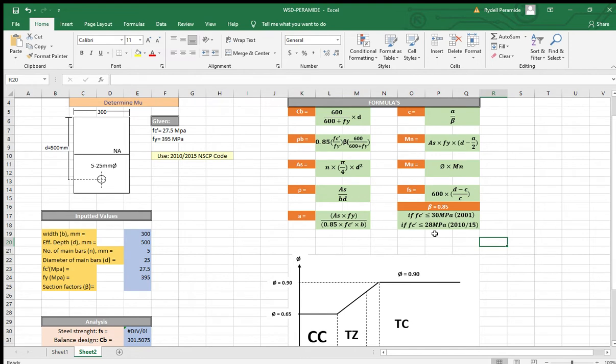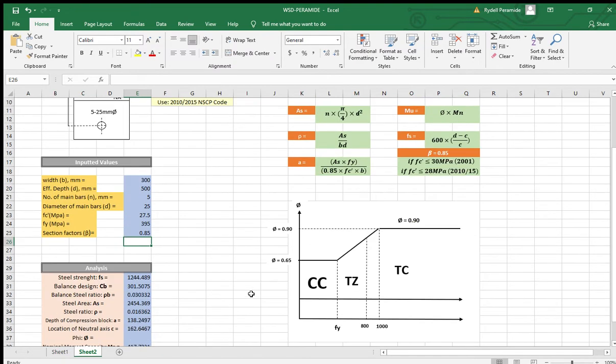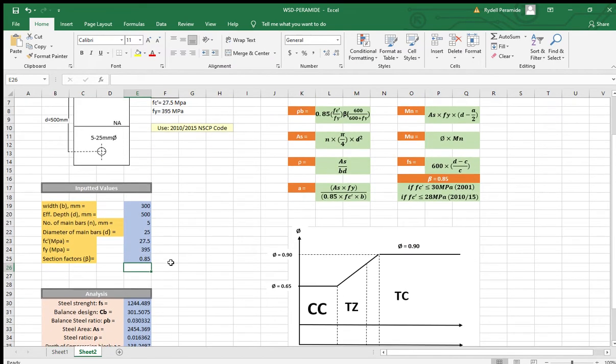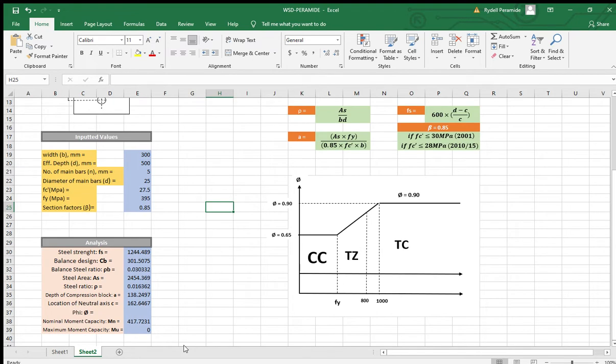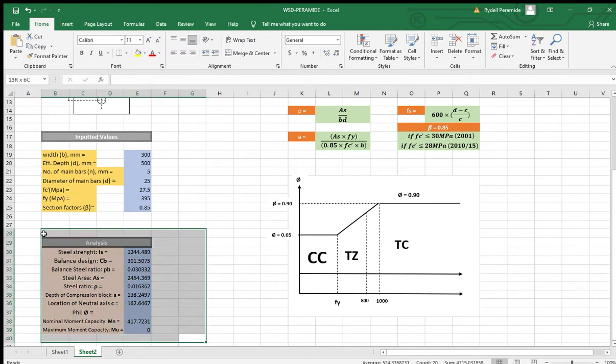So our f'c is 27.5, so we will use 0.85. As you can see, when we input the given, we will automatically get the answer.